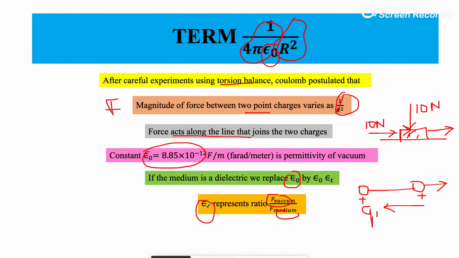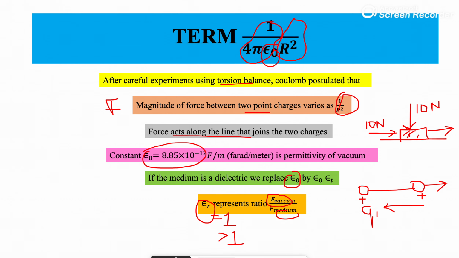Epsilon R will be equal to 1 in the case of free space, and it will be greater than 1 for other mediums, any other material. We will talk about what a dielectric medium is, and we will also look at epsilon R in more detail as we go along.